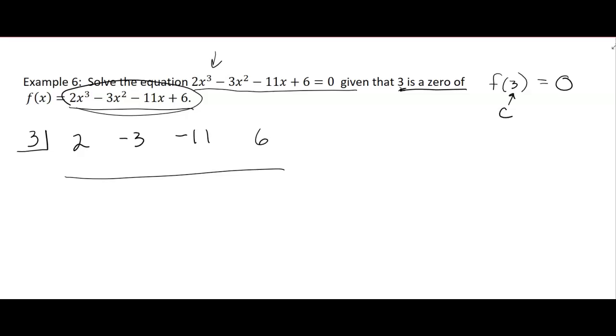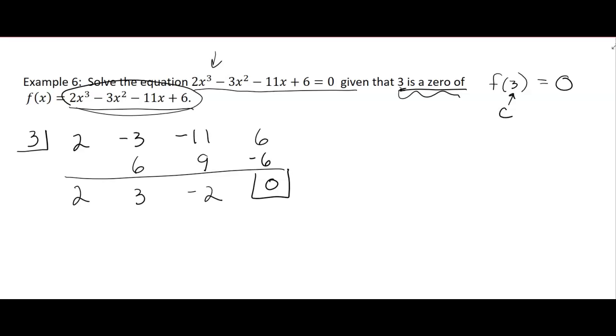So bring down the 2. 2 times 3 is 6. -3 and 6 is 3. 3 times 3 is 9. -11 and 9 is -2. -2 times 3 is -6. Voila, it turned out to be 0. We knew that. It told us 3 is a 0.